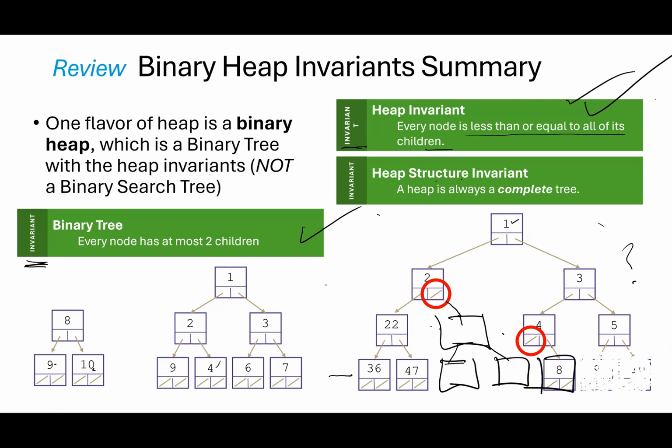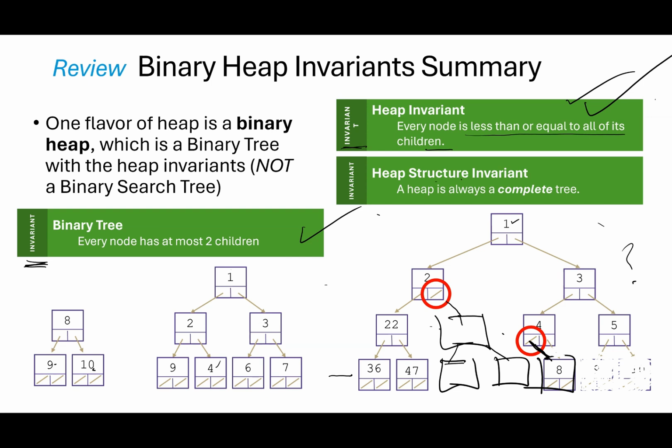So I cannot come from the right subtree. It has to be the left subtree first, and then the right. Is it clear to everyone that now this is a complete tree? Yes?